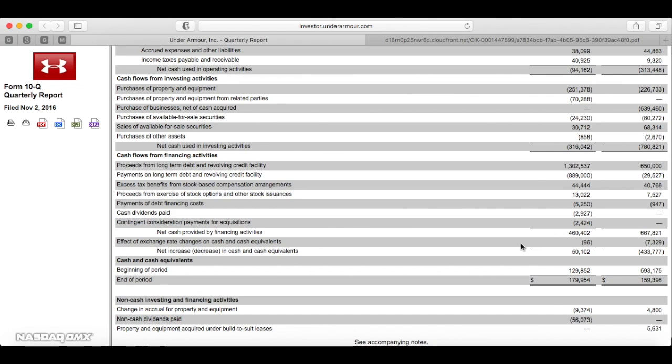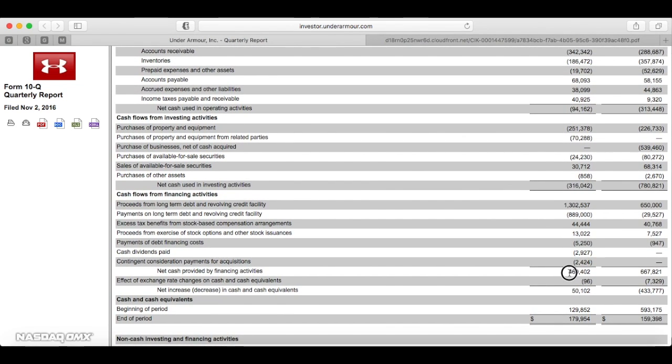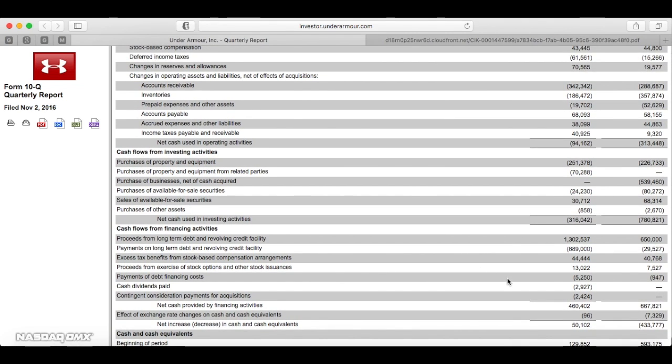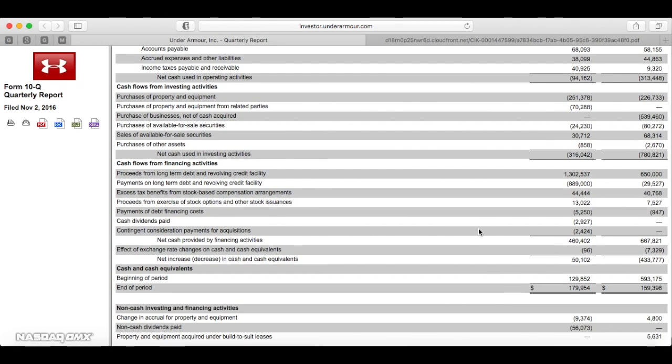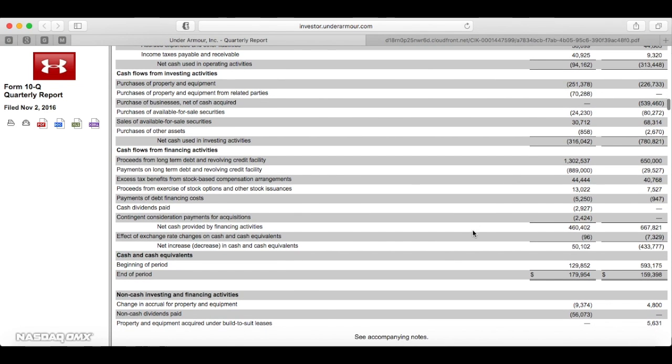And finally it gives you this net cash provided by financing activities. Again, this is money that's come in via debt, and so this 460 million, yes, it's cash in the bank, but Under Armour will also have to meet this obligation at some point. So I just wanted to point that out.